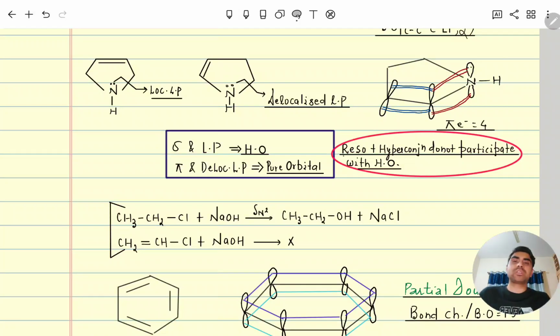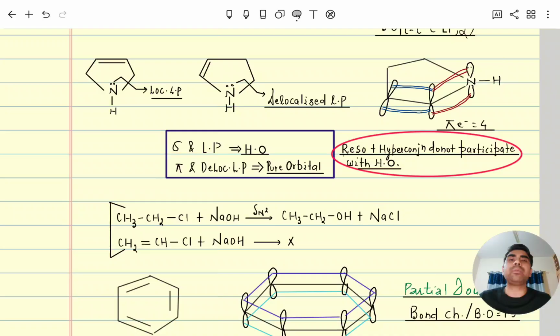In class also we discussed. But suppose this lone pair is there along with a pi bond, so through the orbital diagram we can understand this is the pi bond, and this lone pair is just adjacent to it. So always remember such a lone pair will become a delocalized lone pair, and delocalized lone pairs are never present in hybridized orbitals.